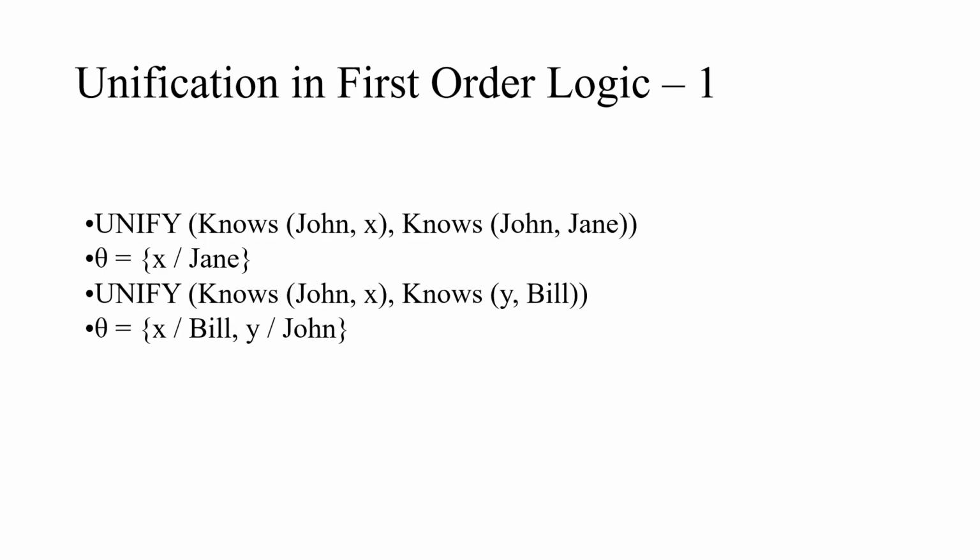Next, the following examples. This is the basic example. The first statement is: unify Knows(John, X) and Knows(John, Jenny). Here we have the same name, John, in the first position, but in the other position we have a different name and a variable. John is the same in both, so it does not need to change. So X is given by Jenny.